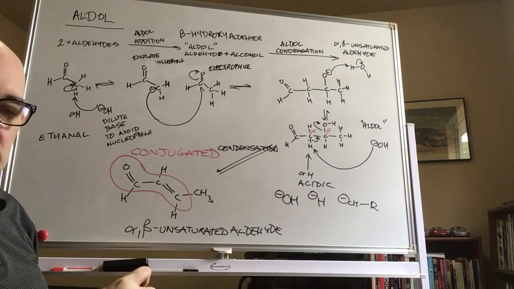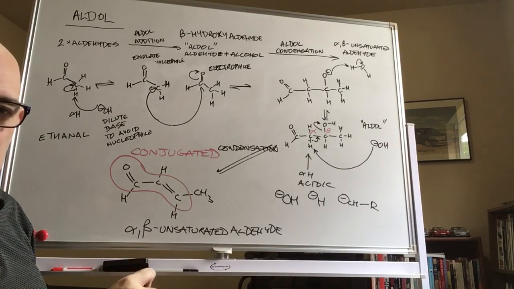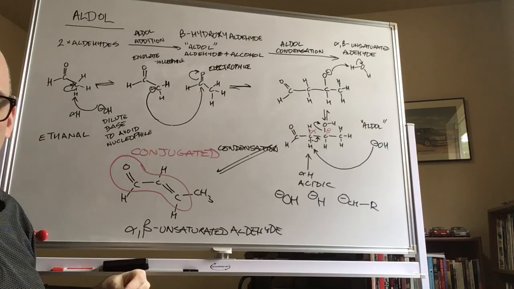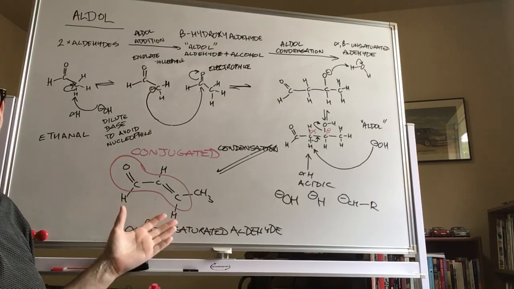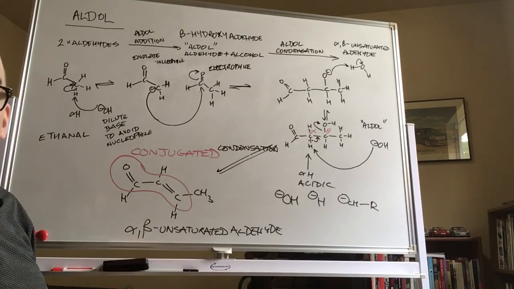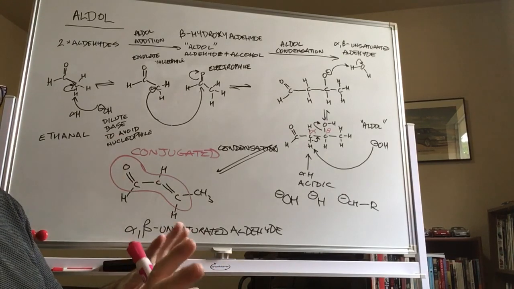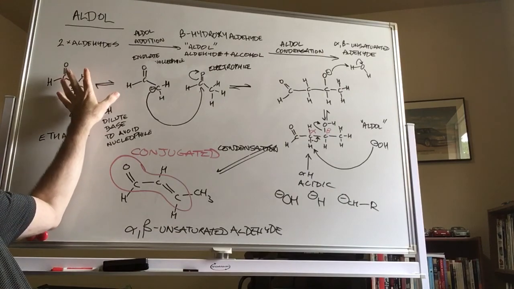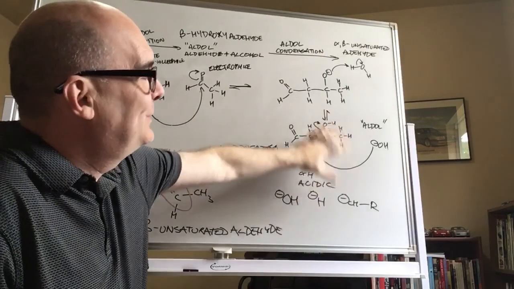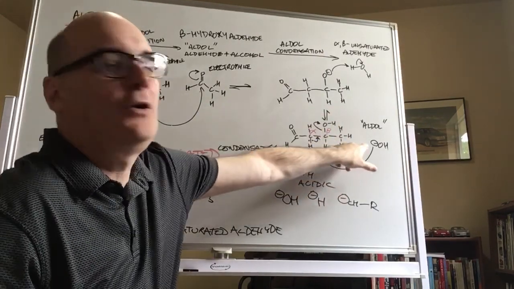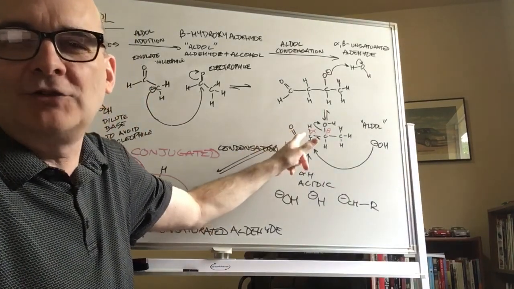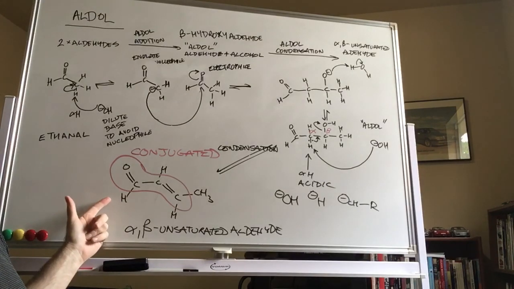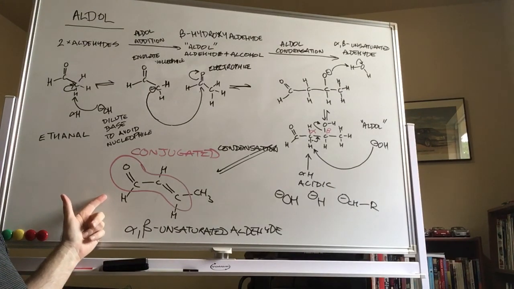And conjugation allows for electron delocalization, which always stabilizes the molecule. So my product of the aldol is sufficiently lower in energy than my reactants to allow this part right here that says you're not strong enough to do this reaction under normal conditions, but I'm going to let you get away with it because I've got something really good here.